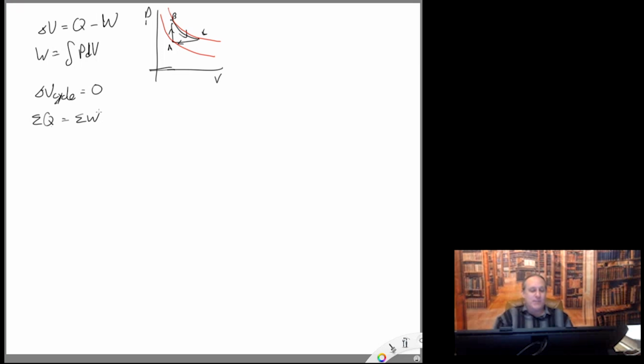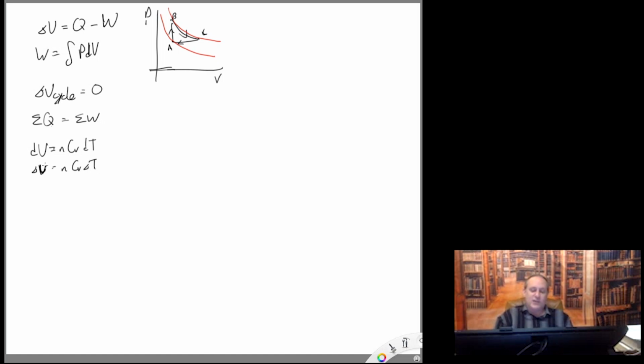So that's a point I didn't really make last time, but our formula for U involves N Cv. We have a formula for dU, N Cv dT, or we could express it in terms of delta U, which would be N Cv times delta T. So as you can see, if the delta T is zero for the cycle, then the delta U is zero.